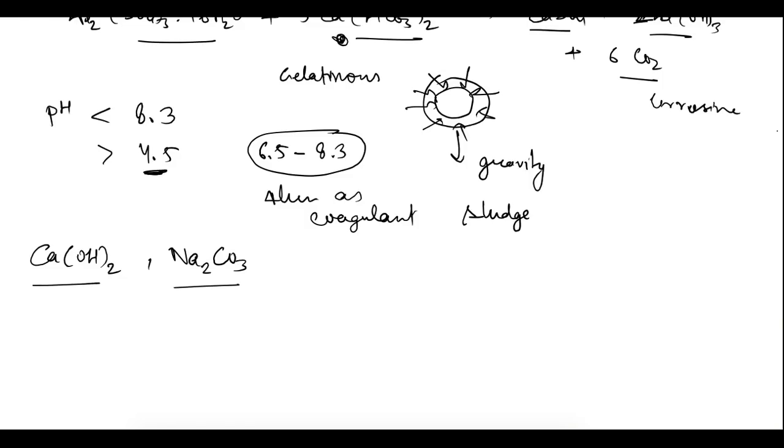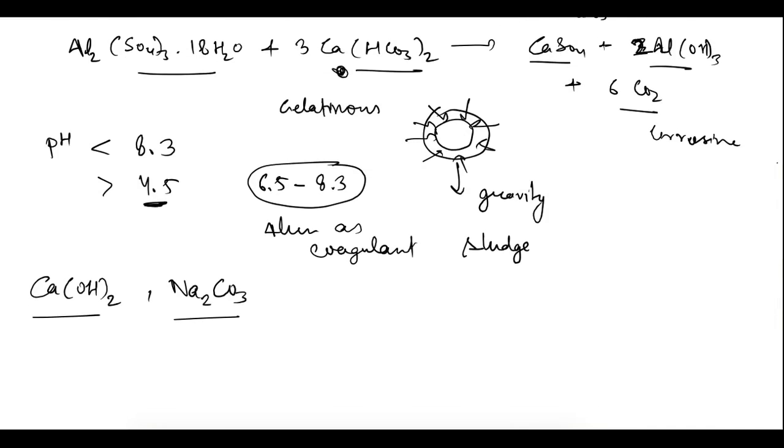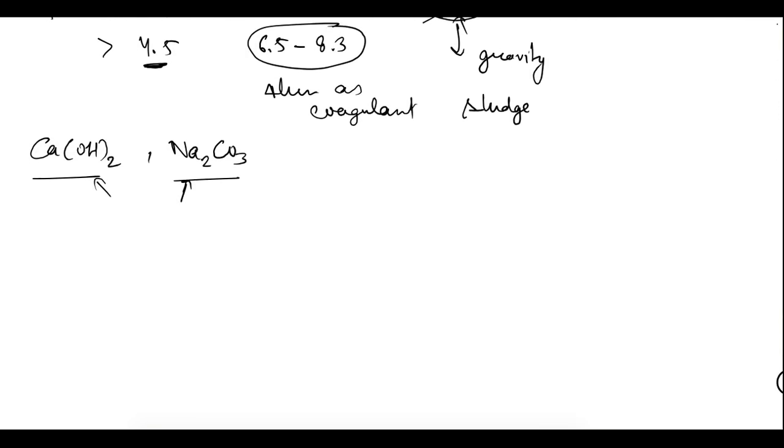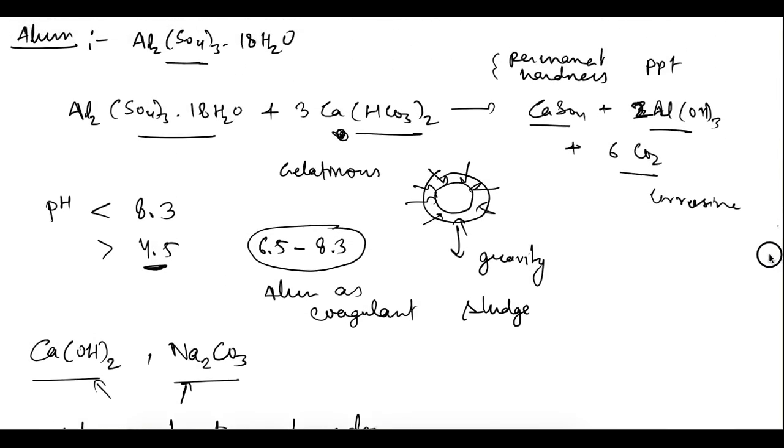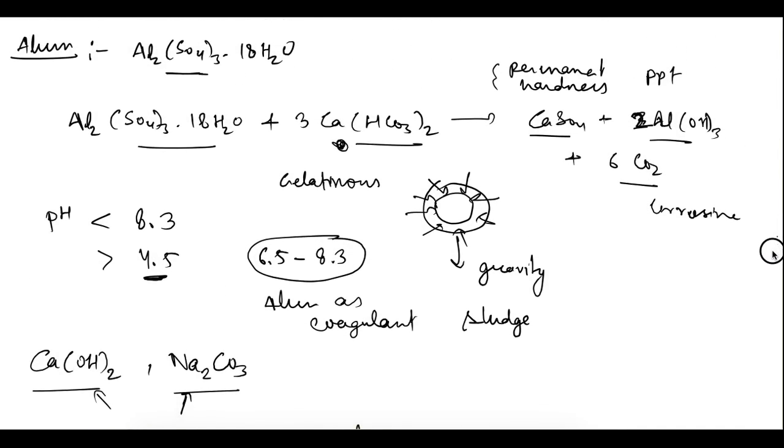Otherwise alum is very cheap, but if we have to add lime or sodium carbonate, then it can become expensive. So these are the problems related to the use of alum. Apart from coagulation, it also removes color, taste and odor. These are the other benefits, or problems which can be solved by using alum.